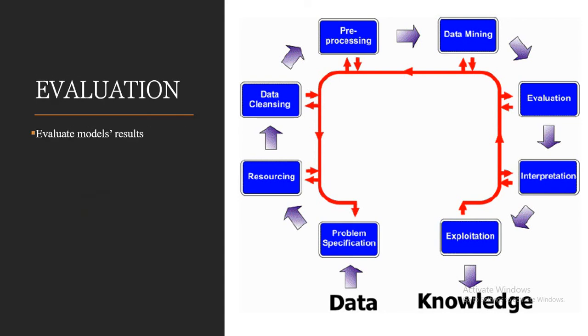In the sixth stage, after each model makes a prediction and gets a result, that result is evaluated by a technique used by Weka, which evaluates the performance of each model. The seventh stage is interpretation. It means that when reducing the knowledge, we need to involve our domain experts.